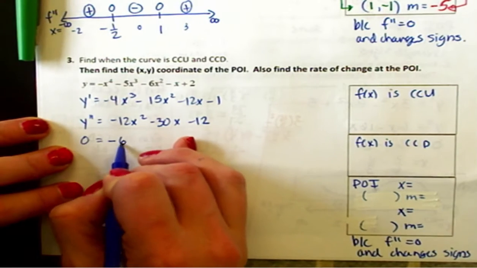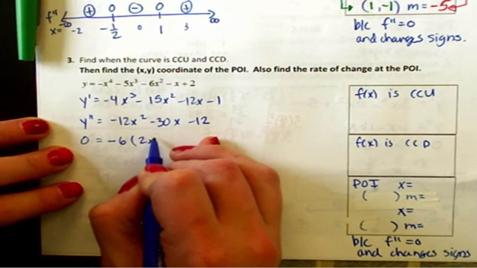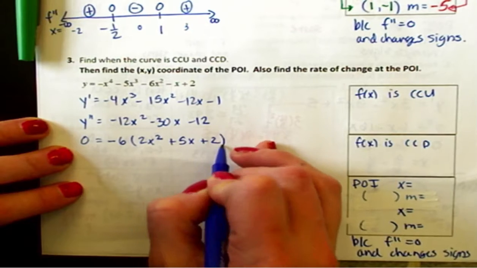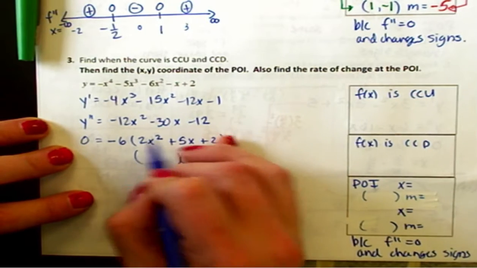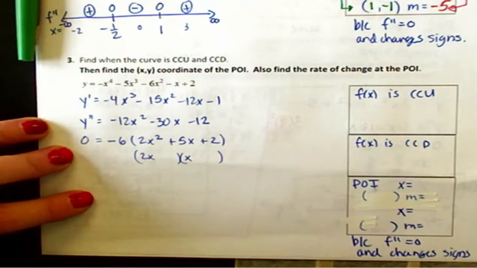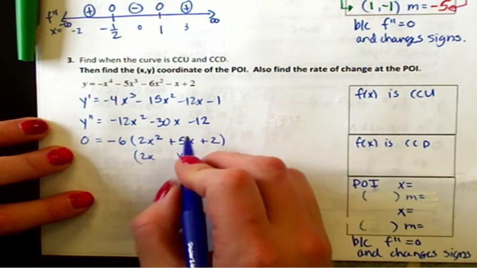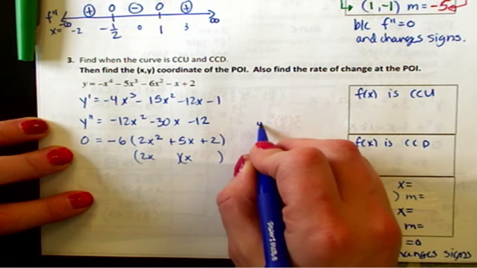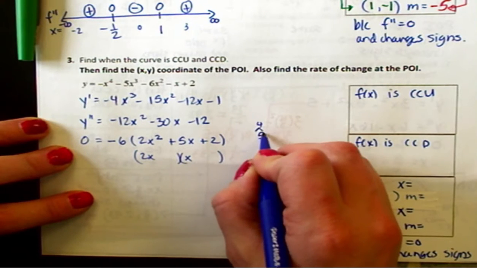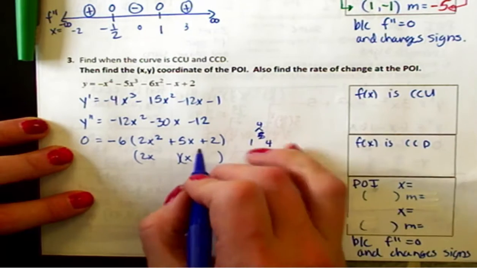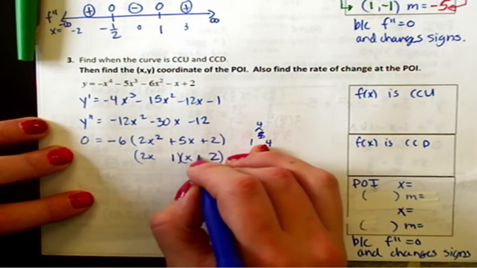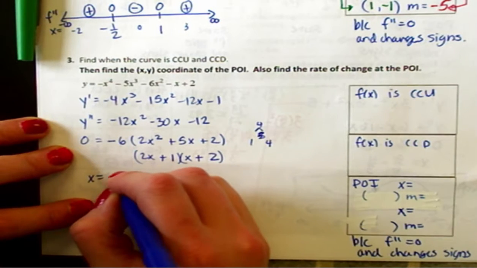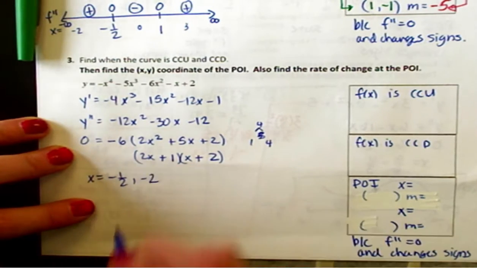I'm going to take the negative out to make it easier to factor. Positive 5x, positive 2. Okay, 2 and 2 are prime numbers. There's only one way to multiply to get that. Okay, and then I need to get to 5. So multiply to 4, add to 5. So that's 1 and 4. So 2 and 1, plus and plus. Okay, x equals minus 1/2 and -2.